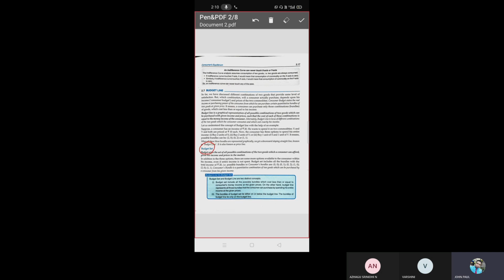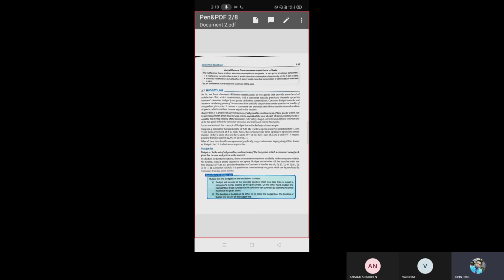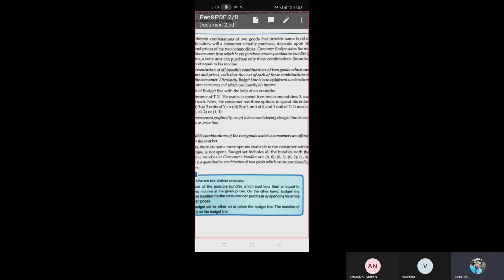What is a budget set? It is the set of all possible combinations of two goods which a consumer can afford, given his income and the price in the market. You can see the example: 0 0, 0 1, 0 2, 1 1, 0 2, 0 1 1. This is called the budget set.